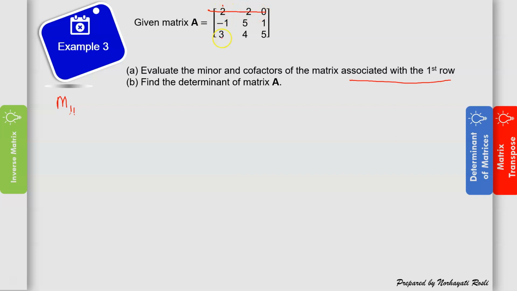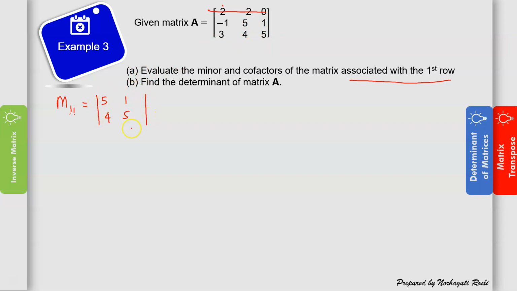When we eliminate these, the definition of the minor is the determinant of the remaining matrix, that is, with the first row and the first column eliminated. So the elements remaining are only this 2 by 2 matrix, which is 5, 1, 4, 5.